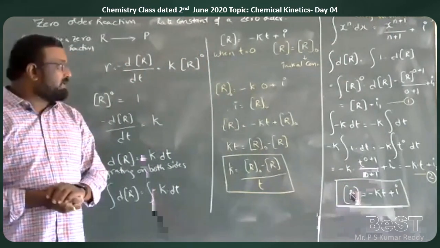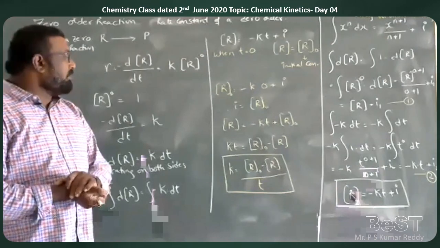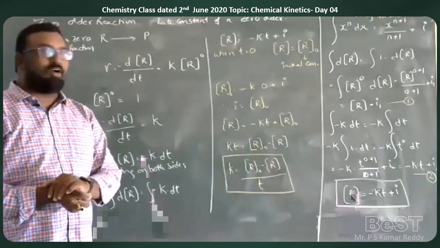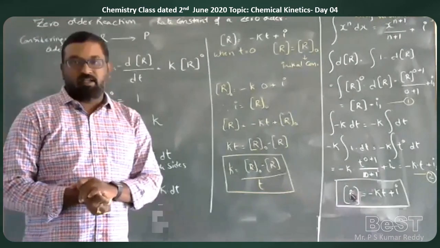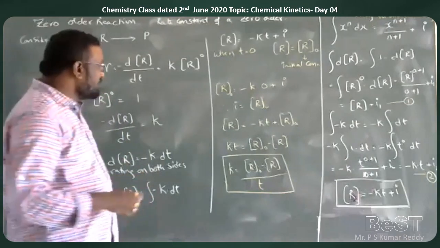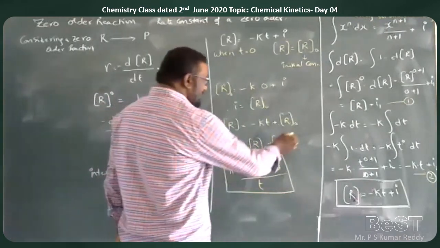So this equation is the formula for the rate constant of a zero order reaction. Now, let us see this equation.